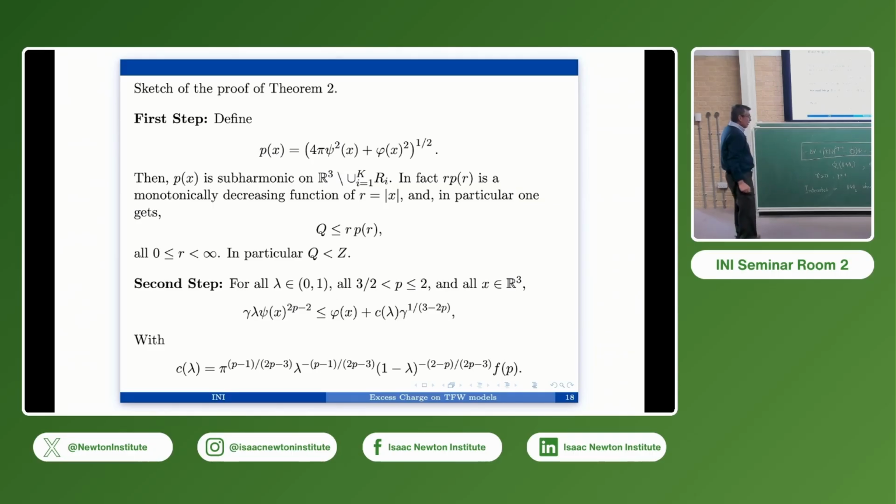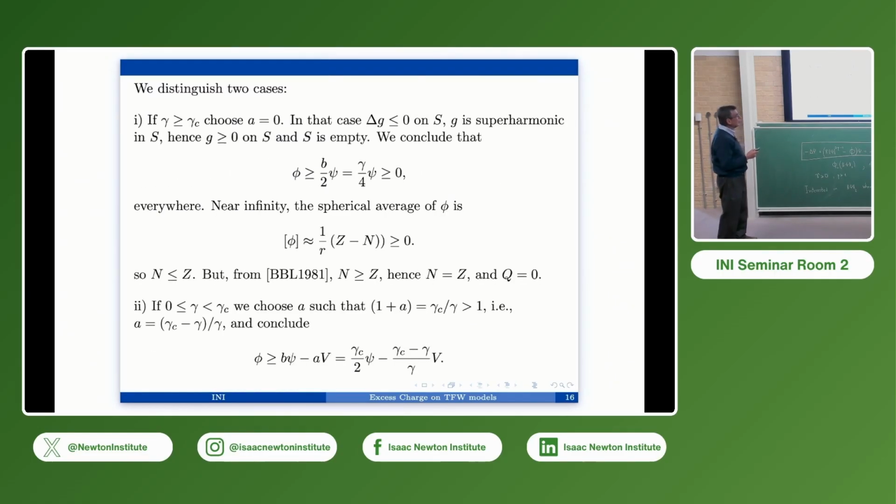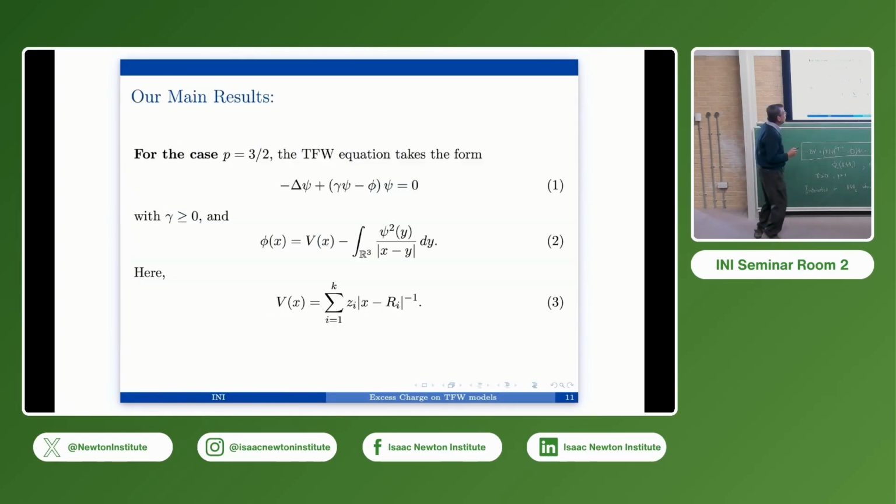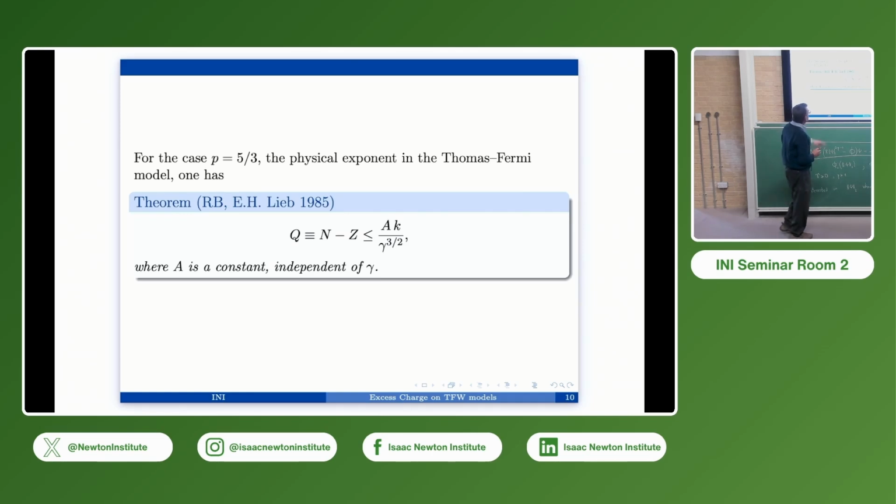The most difficult result is to prove the equivalent of that quantity, when Q is less than a constant like that.